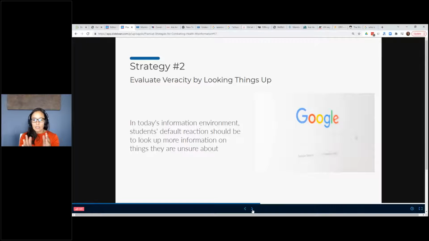You see what you see and you don't see what you don't see, and what you don't see is so much more vast than what you do see, like what's actually in front of you. Okay, so we want to talk about the strategy of evaluating veracity by looking things up. Now, I'm not calling this fact checking for a reason. Okay, so fact checking is really a specific type of journalism work.